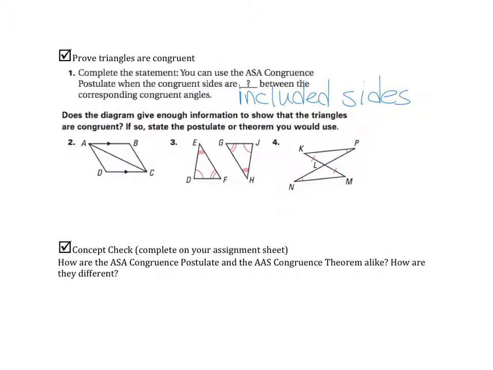Okay, does the diagram give enough information to show that triangles are congruent? We have these parallel lines again, so I can mark those, and I can mark this. And if I split those into two triangles, what I have marked is only an angle and a side, so no.